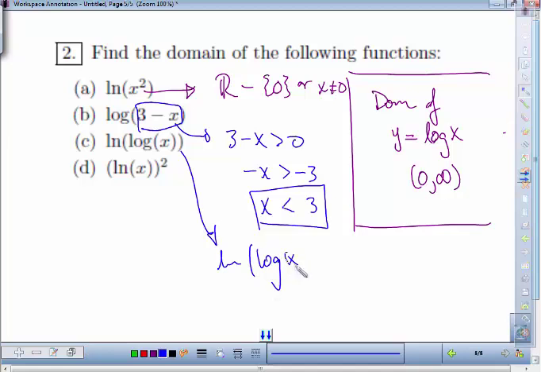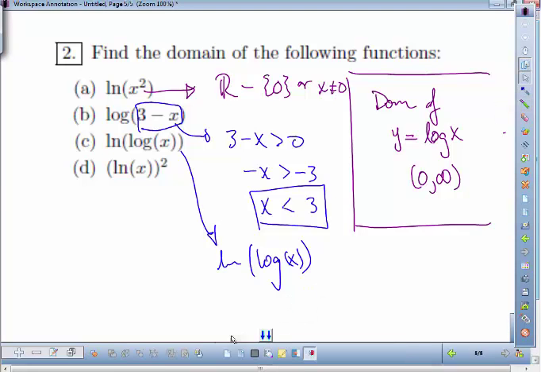This one's a little trickier. All real numbers except 0? Well, it's inside of a logarithm. So what should it be? All real numbers bigger than 0.